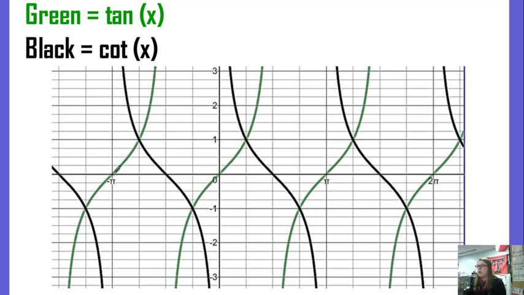Every time tangent is 0, it creates an asymptote for your cotangent graph. Every time cotangent is 0, it creates an asymptote for the tangent graph. And it kind of looks dizzy a little bit.